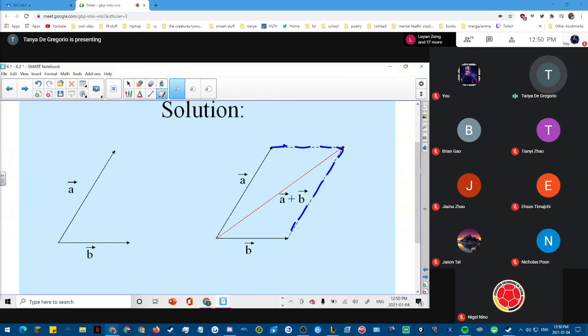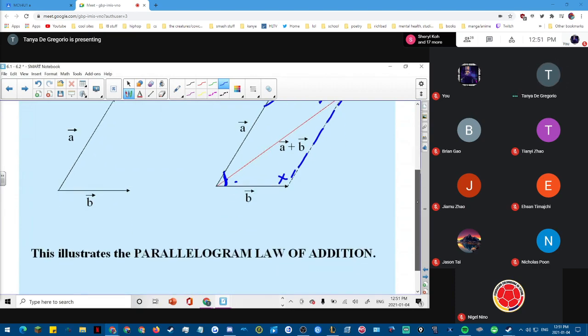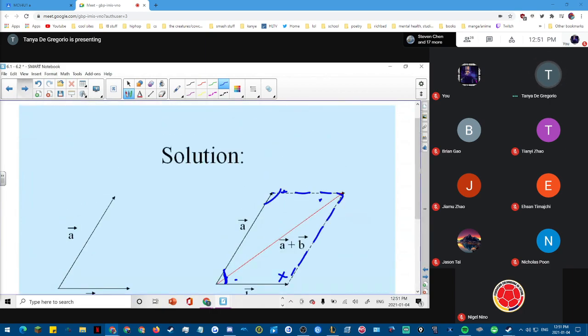Sorry, what we're seeing here is that we can form a parallelogram by joining the exact same vectors. Here we have vector A, here we have vector A, here we have vector B, here we have vector B. We can use our Z law to find angles. I can conclude that this angle is equal to this angle. I can use a C pattern saying that this angle plus this angle will equal 180. I can also use a C pattern saying that this angle plus this angle will equal 180, and we can use all of our geometric properties. So that's the parallelogram law of addition.